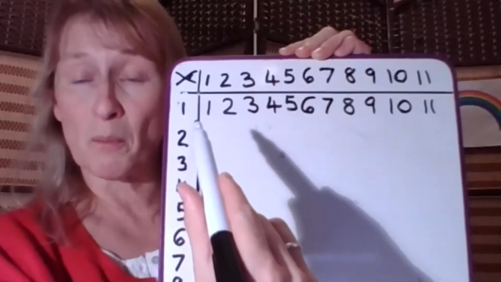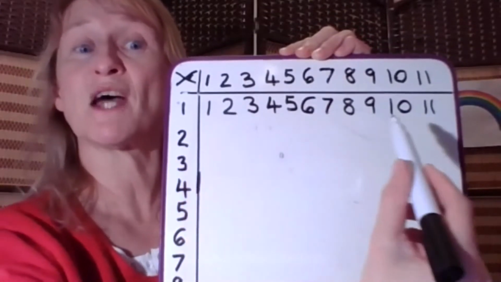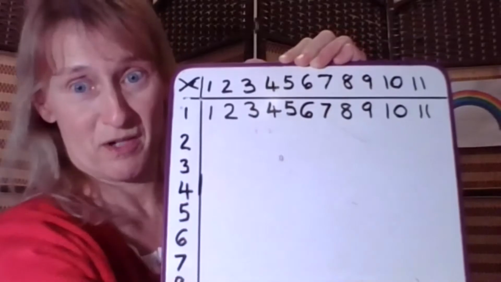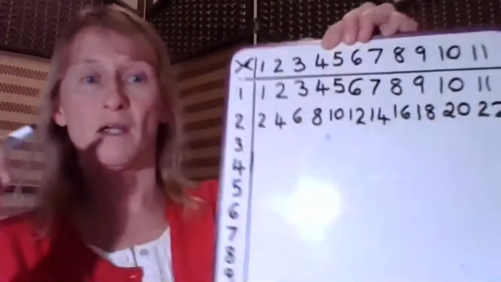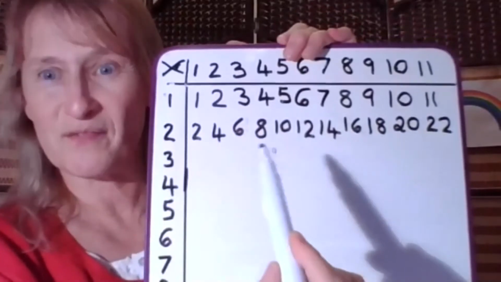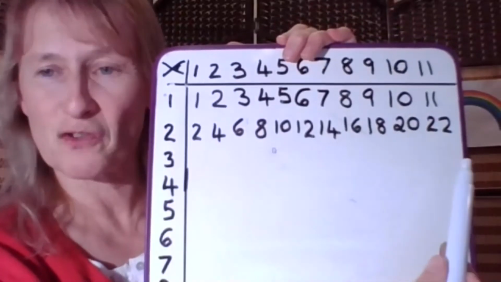Remember, multiples are just the times tables, but they carry on and on and on. Okay, multiples of 2 now. So that's 2, 4, 6, 8, 10, 12, 14, 16, 18, 20, and 22. Now be careful to keep them in a straight row.